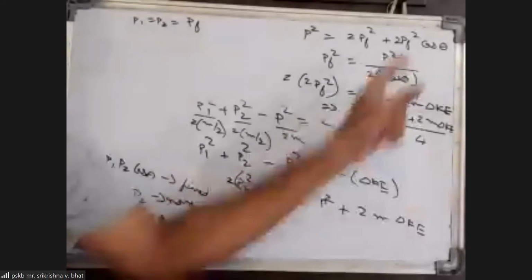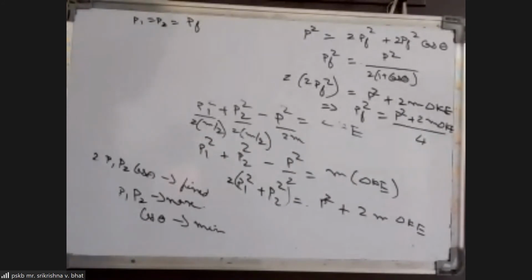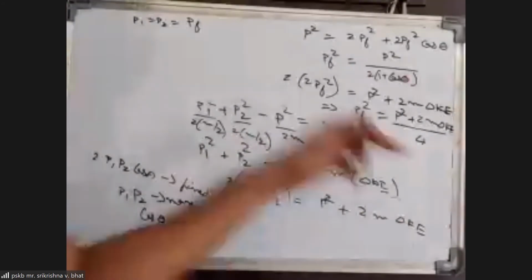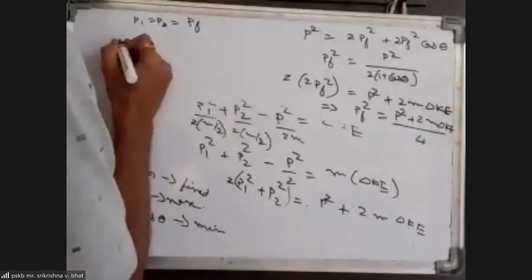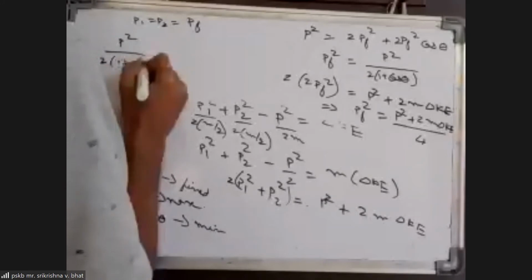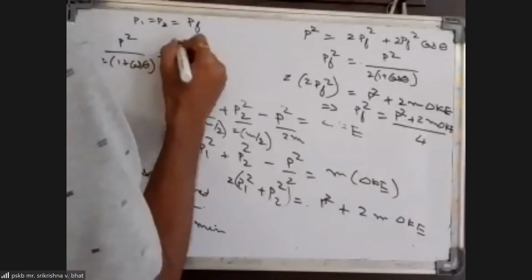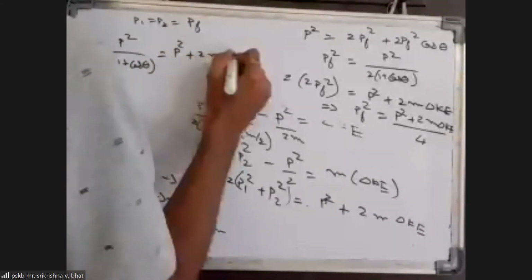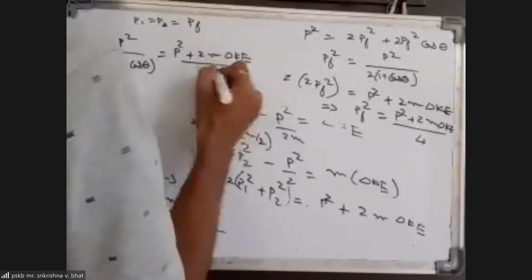This quantity must be equal to the earlier one, because we can equate PF square in both equations. So we get p square by 2 into 1 plus cos theta equal to p square plus 2m delta k by 4.